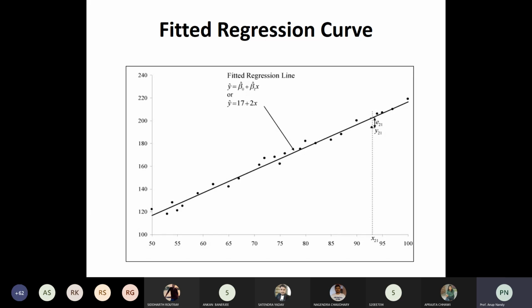Suppose b0 is 17 that you have computed, and b1 is 2. I mean the regression constant is 17 and the regression is 2 times x. So this is the line, and you need to find out this error. Error at what point? Suppose in 21 samples, x21.